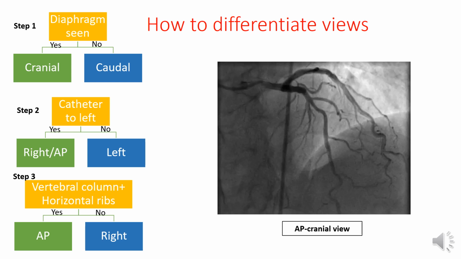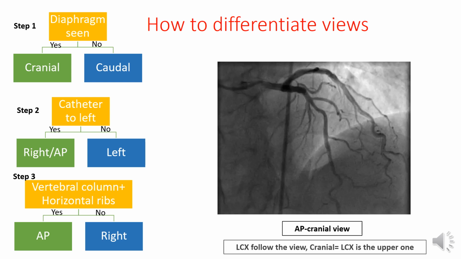So which is the left circumflex and which is the LAD? As we discussed before, the cranial views are aligned more with the interventricular septum of the heart, so the longitudinal vessel that runs along the picture is the LAD, and the other one is the circumflex.